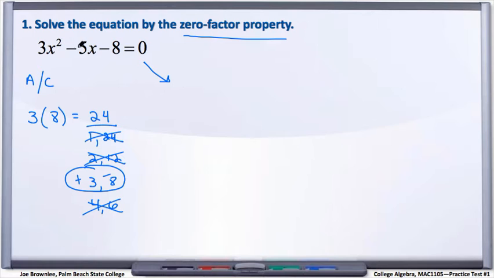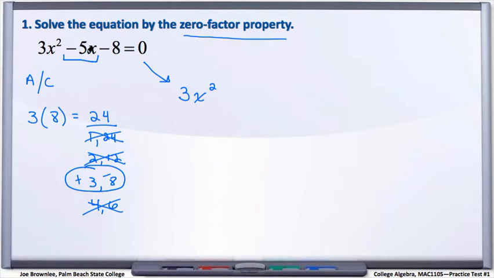The way we do that is we leave the leading square term unchanged, so we have 3x squared. Now we split the middle term, -5x, into 2 separate terms using the factors we found earlier.